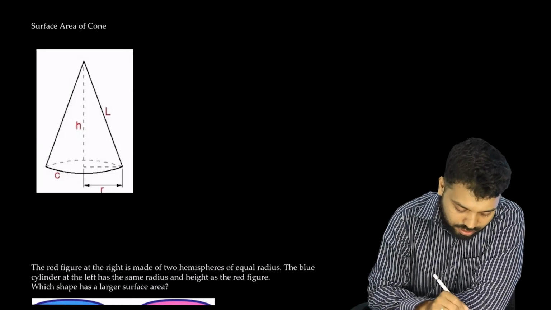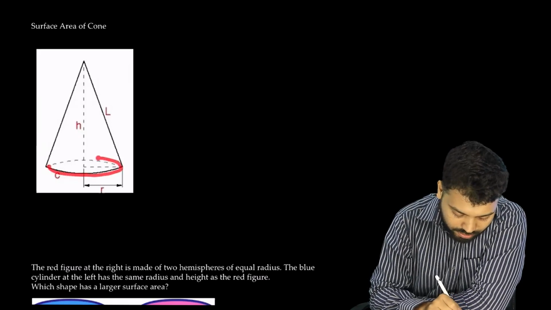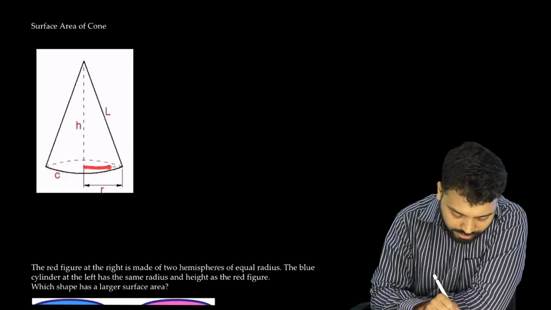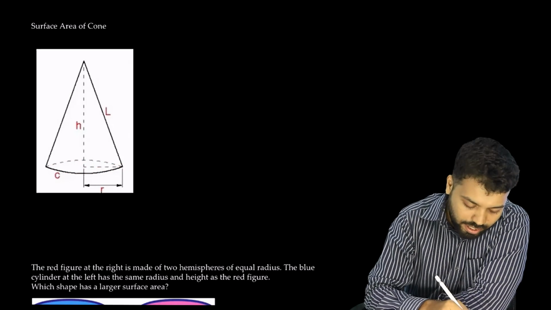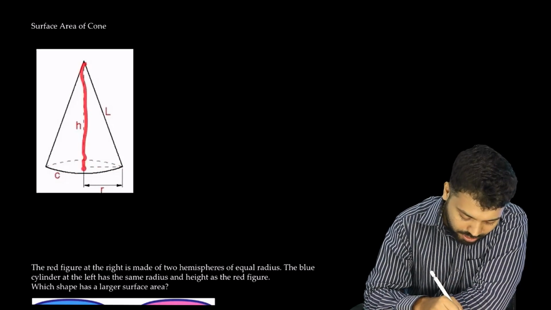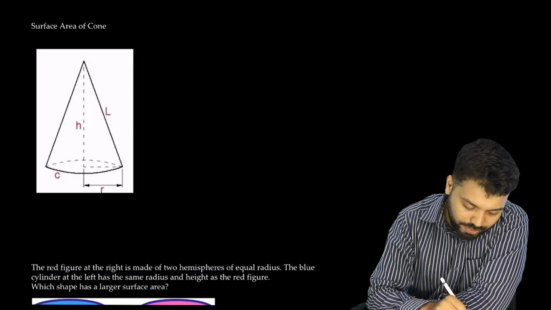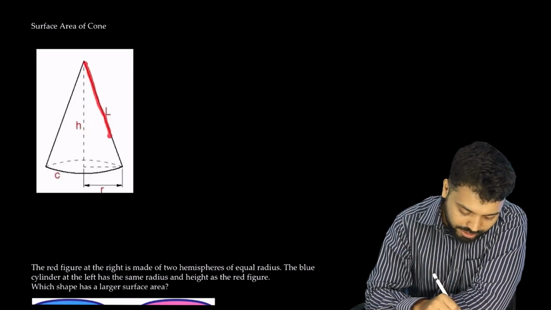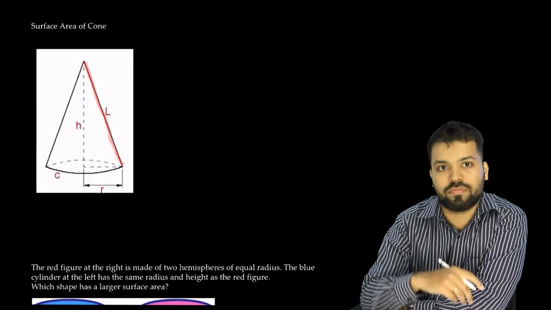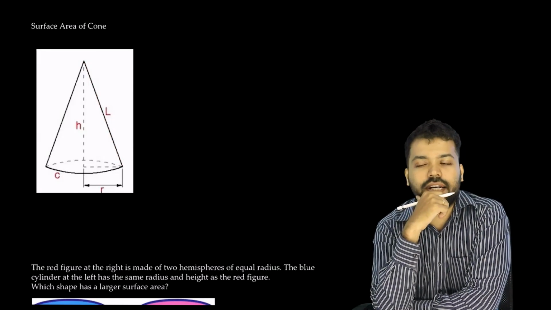We have a circular base with radius r and height of the cone is h. And for some reason they have given another measurement, that is the slant height, which is L. So what can we say about this?